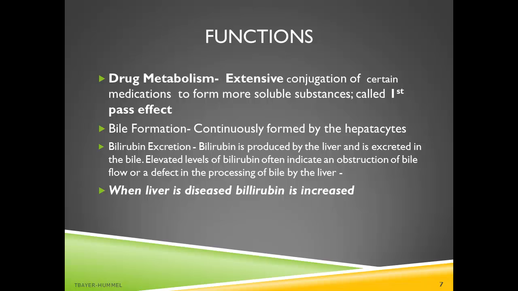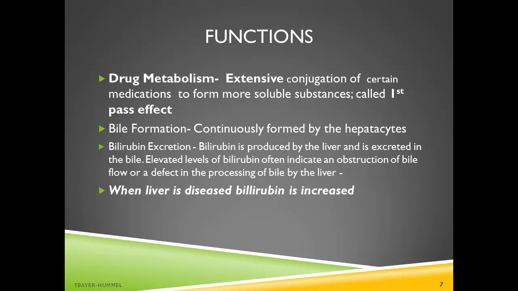Examples of these drugs include lidocaine, verapamil, propranolol, and nitroglycerin. Decreased hepatic blood flow, extrahepatic and intrahepatic blood shunting, and loss of hepatocytes alter the ability to metabolize drugs. The bioavailability of these administered medications increases, effectively increasing the dose.